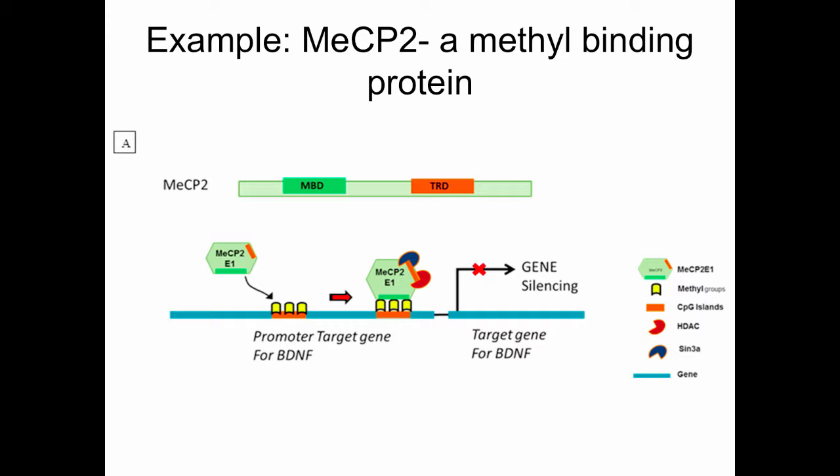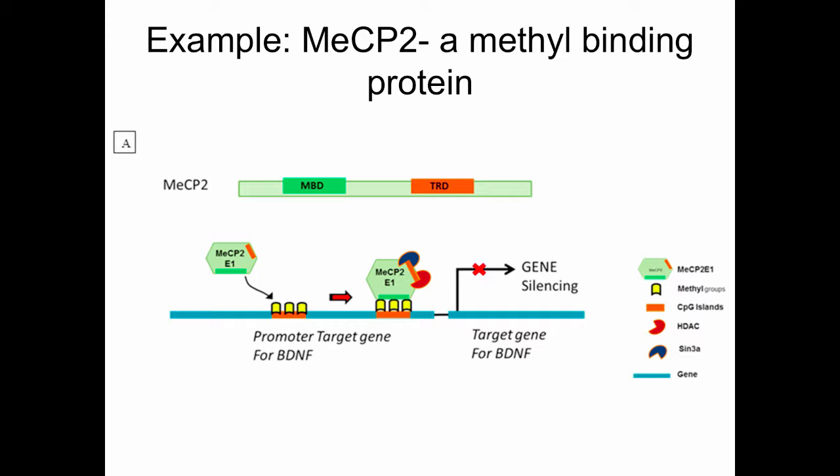There are proteins called methylcytosine binding proteins, so they bind methylcytosine. We now know that methylation of DNA is generally associated with gene silencing, with gene repression. The reason is that when the cytosines in a gene's promoter become methylated, that acts as a chemical signal that recruits a protein called MeCP2.